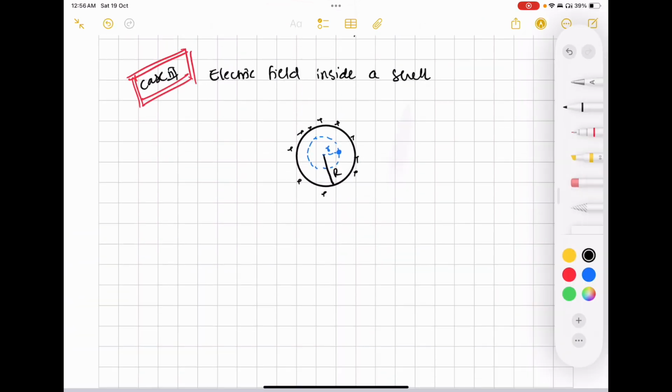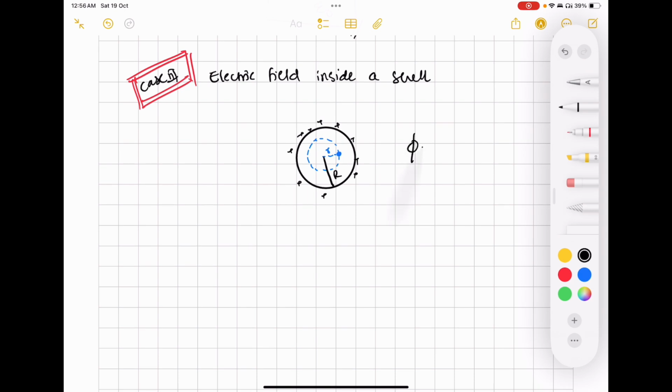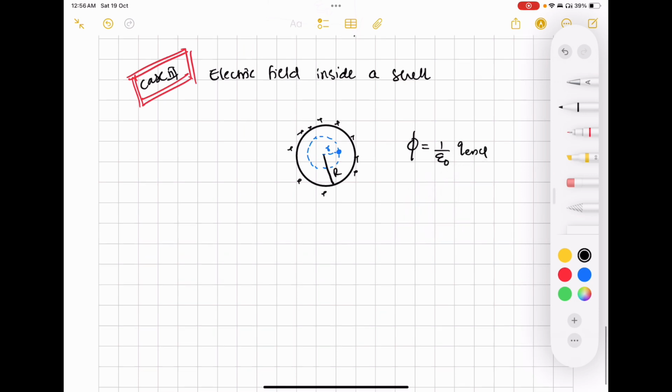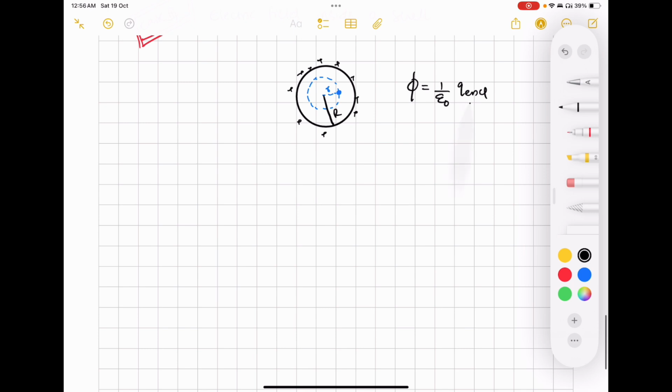So, according to Gauss law, electric flux phi is equal to 1 by epsilon 0 times q enclosed. This q enclosed is the charge enclosed in the Gaussian surface.